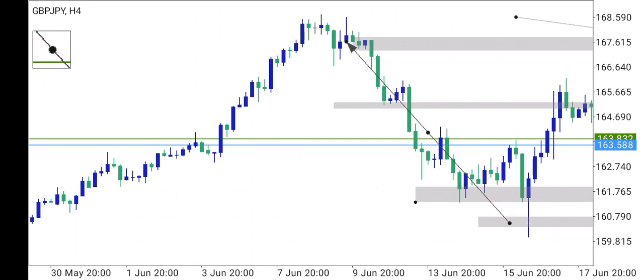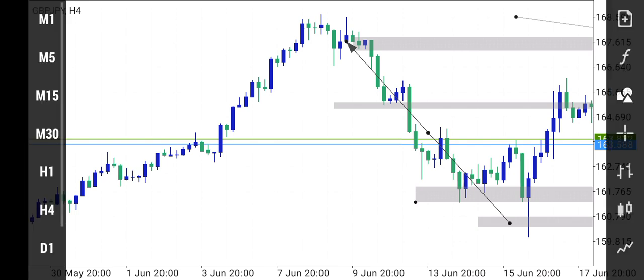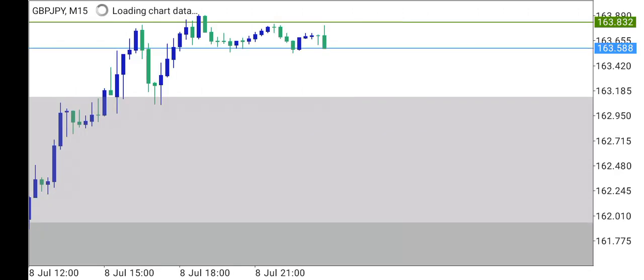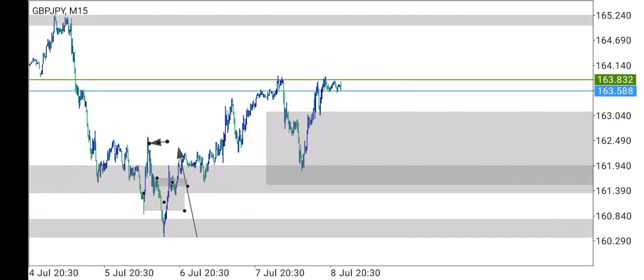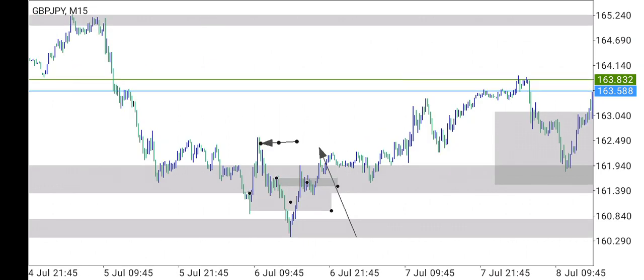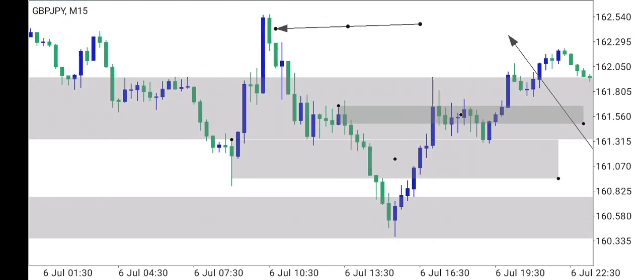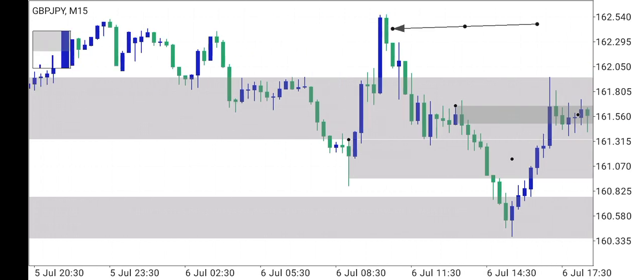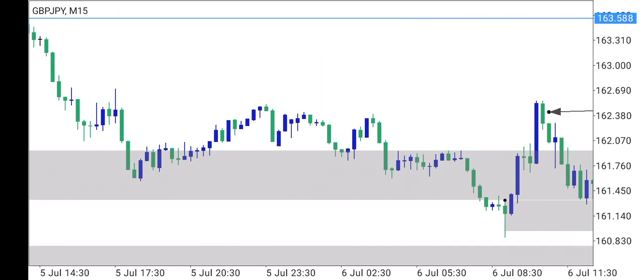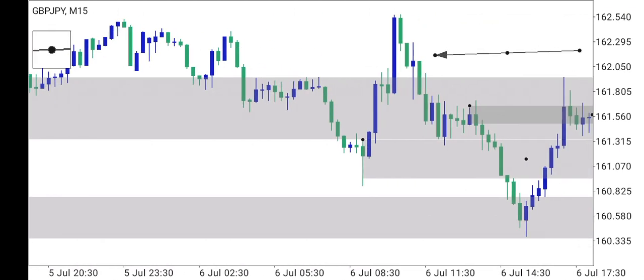Then I'll still go back to my 15 minutes, check whether the same thing is happening there. I think it is here. Okay, as you can see here, see what price did.